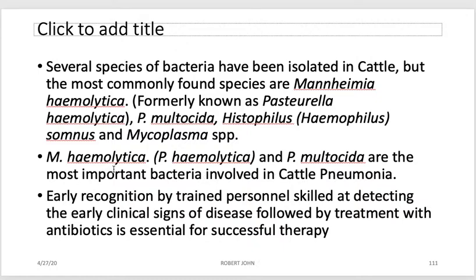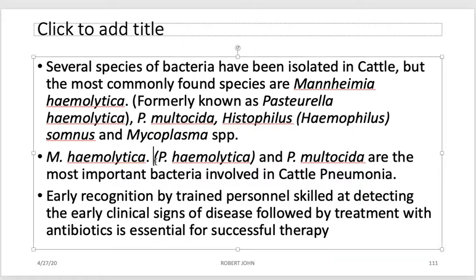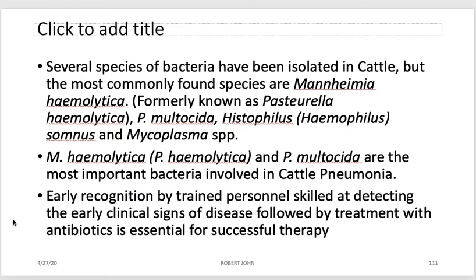Mannheimia haemolytica was formerly known as Pasteurella haemolytica, but now it is known as Mannheimia haemolytica. And Pasteurella multocida, these are the important bacteria which are involved in cattle pneumonia. So they are the common cause of pneumonia in cattle.